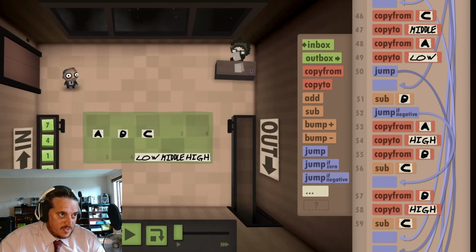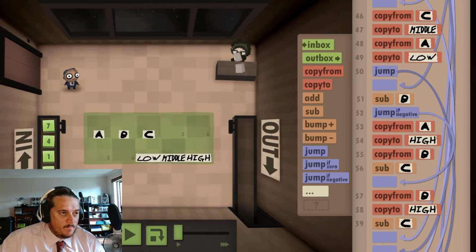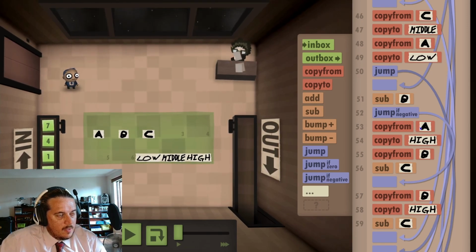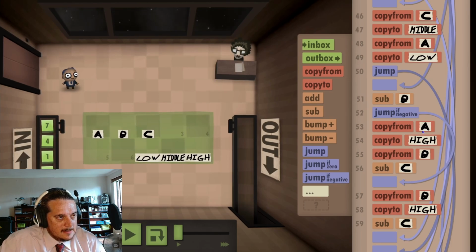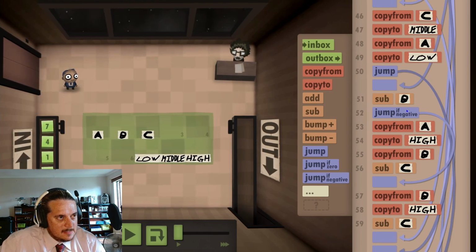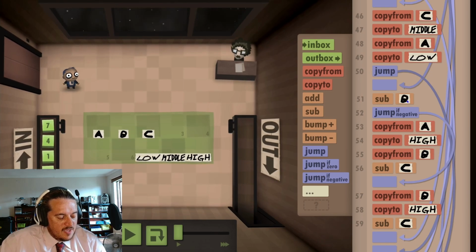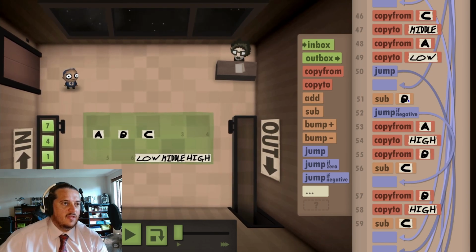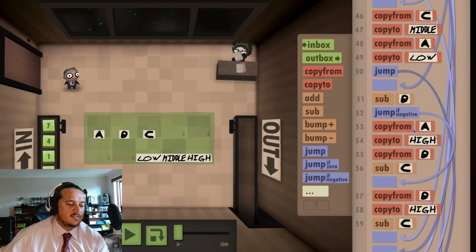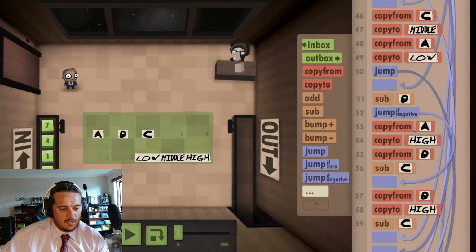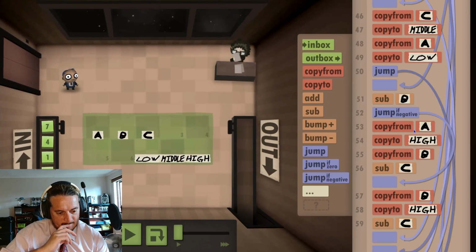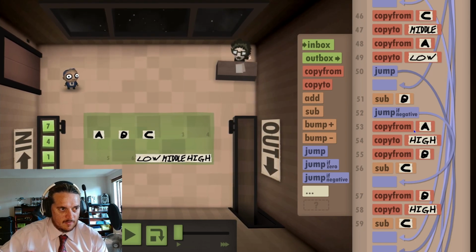Because now I've said that if A minus B is negative, then A is a negative number as well. So then A is a positive number, making A higher.